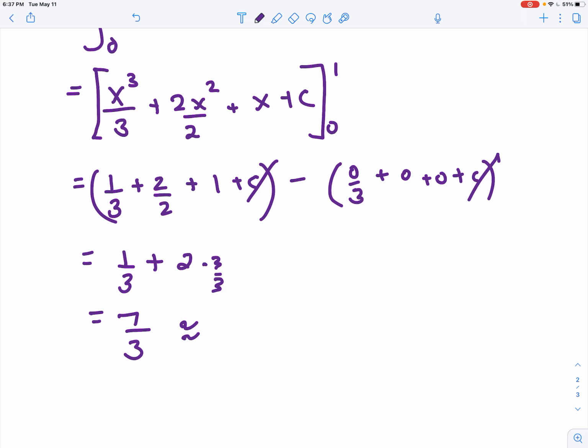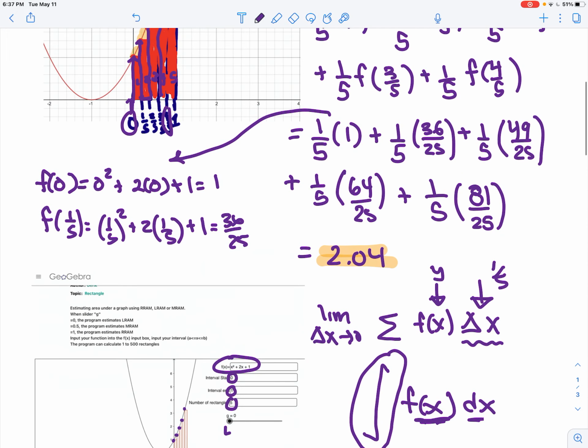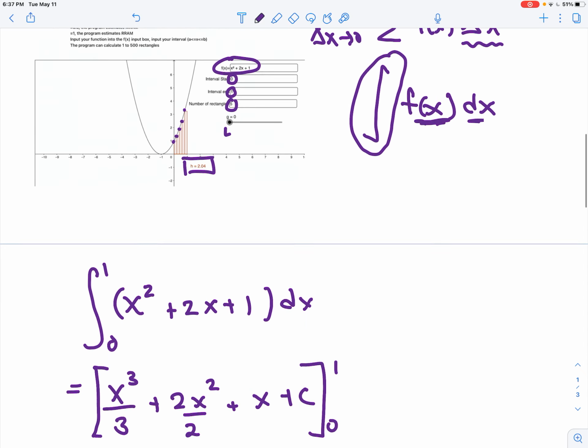Oh my goodness, I could have just said 2 plus 1/3, 2.33. Did not need a calculator for that. Okay, and then I don't even have to say approximately equal if I do this. Okay, so our approximation was an under approximation.